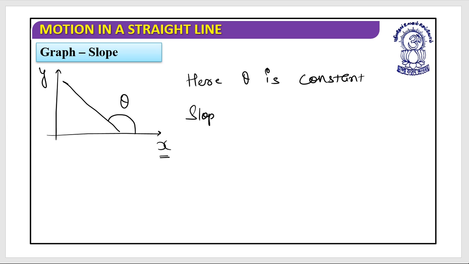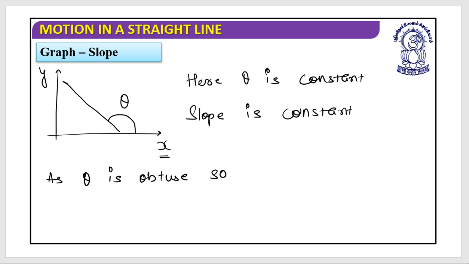So slope is constant. Here theta is constant, slope is constant. But let me know whether it would be a positive value or negative value. Yes, you observe it correctly, as theta is obtuse.